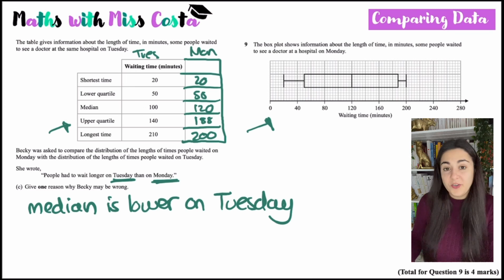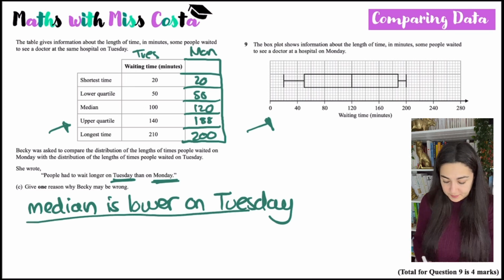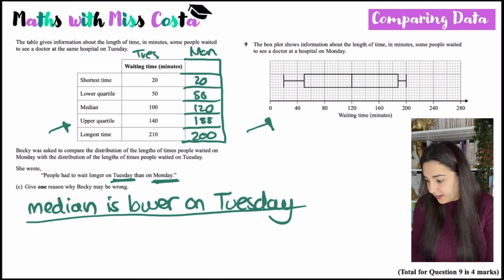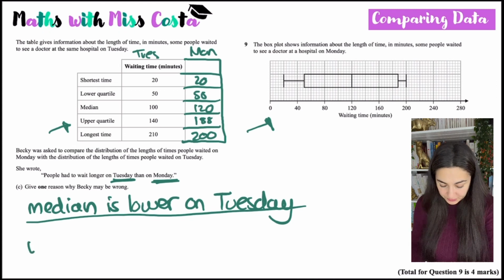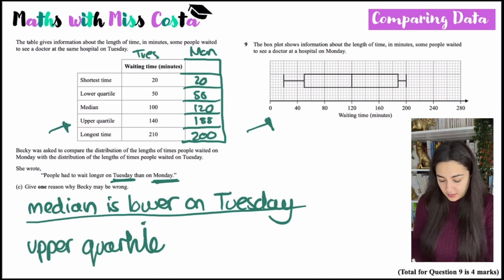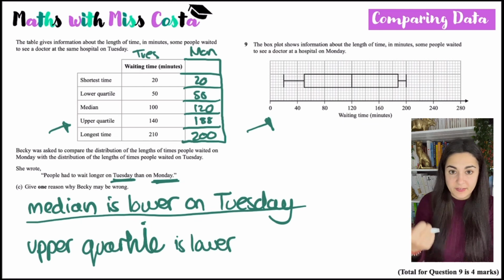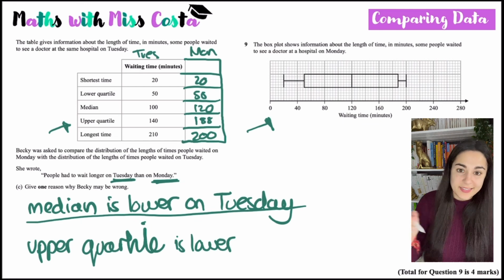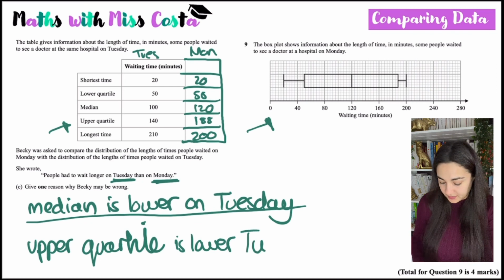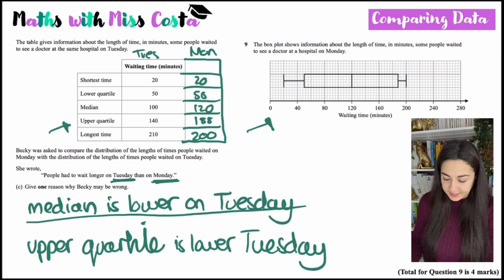So we don't know, because we don't know all of the data, but we could either say the median is lower on Tuesday, or we could have said the upper quartile is lower on Tuesday. So when you're comparing, what you want to do is pick a piece of the data, so the median, the lower quartile, the upper quartile, and say how it compares to each thing. So either of those reasons would be fine.